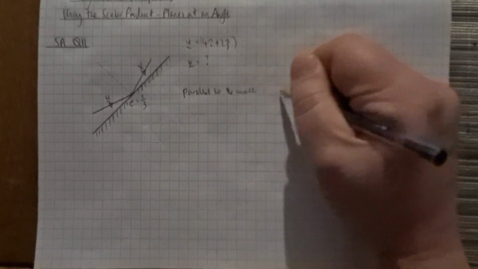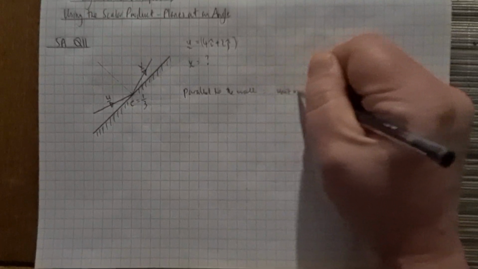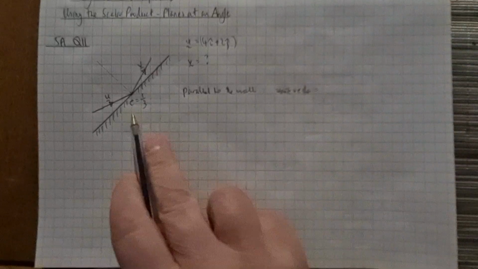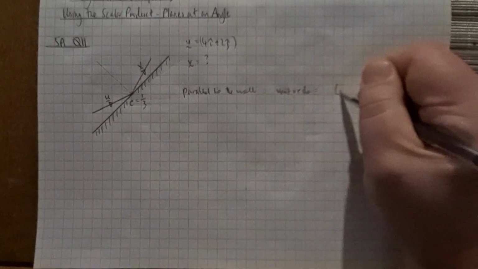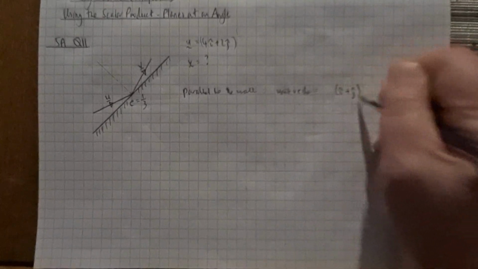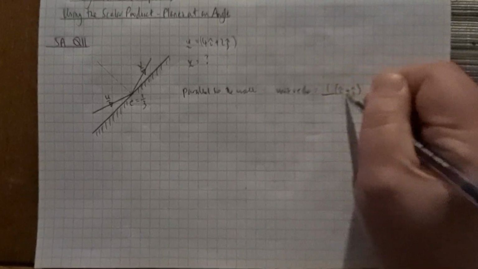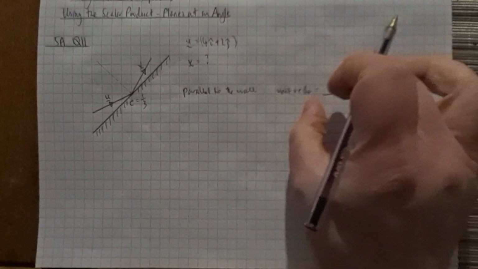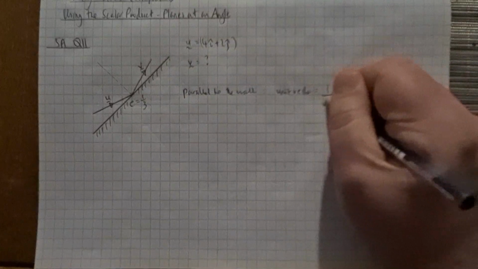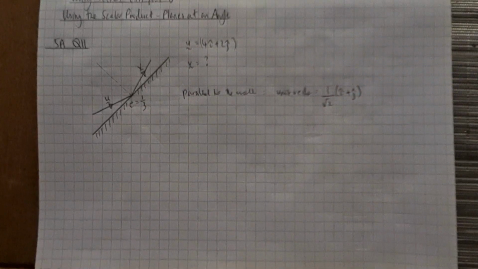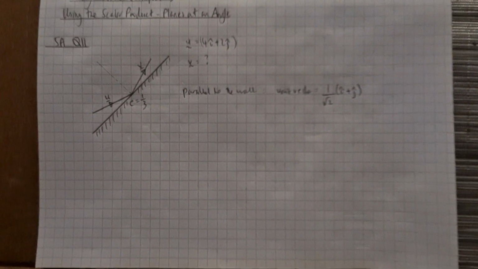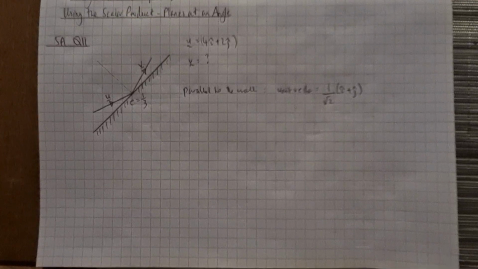So parallel to the wall, we need to find our unit vector. We could just say it's in the direction of i plus j, and we divide by the modulus of that to give us a value of 1, and then we have our unit vector. From your pure work, you'll know how to do that.